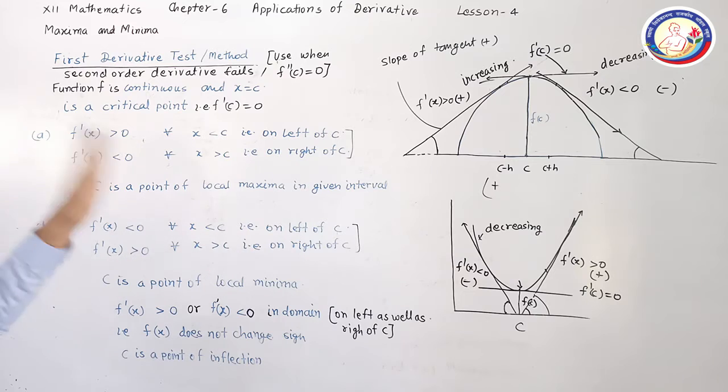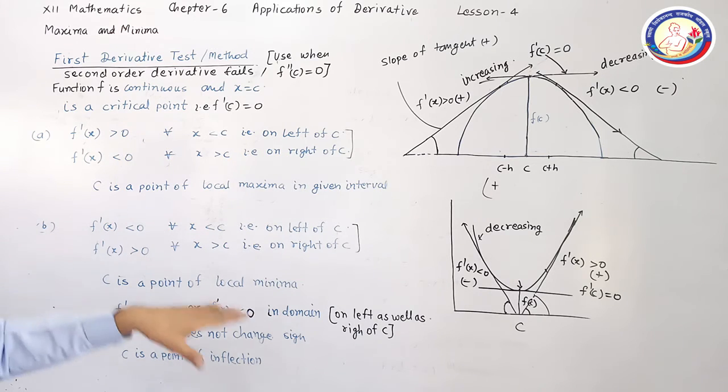On the left it will have lower values, and after c it will have lower values than f(c).